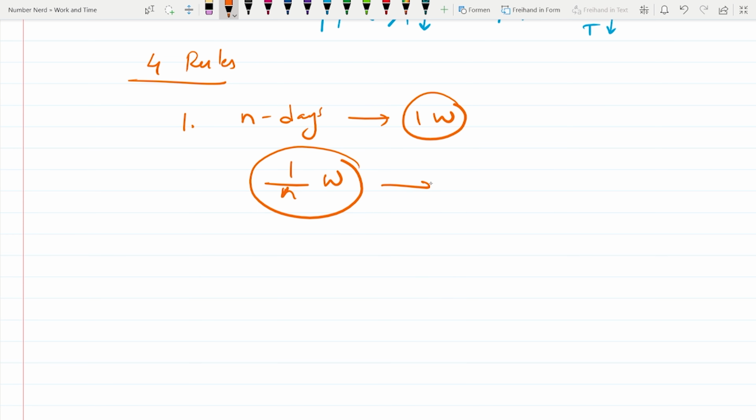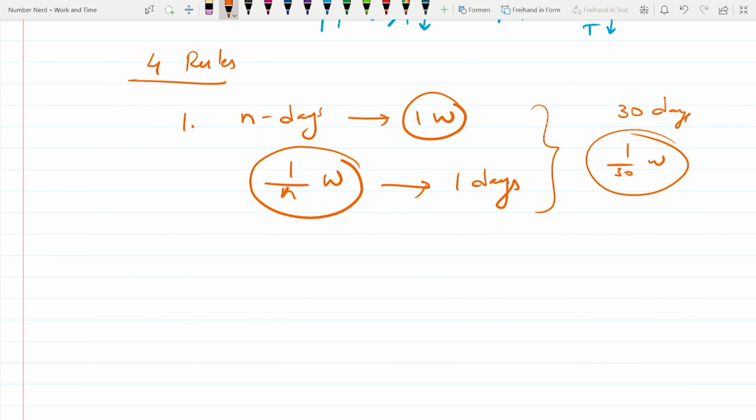He can complete 1 by nth of the work in one day. This is the first rule. For example, if a person completes a work in 30 days, then in one day he will do 1 by 30th of the work.